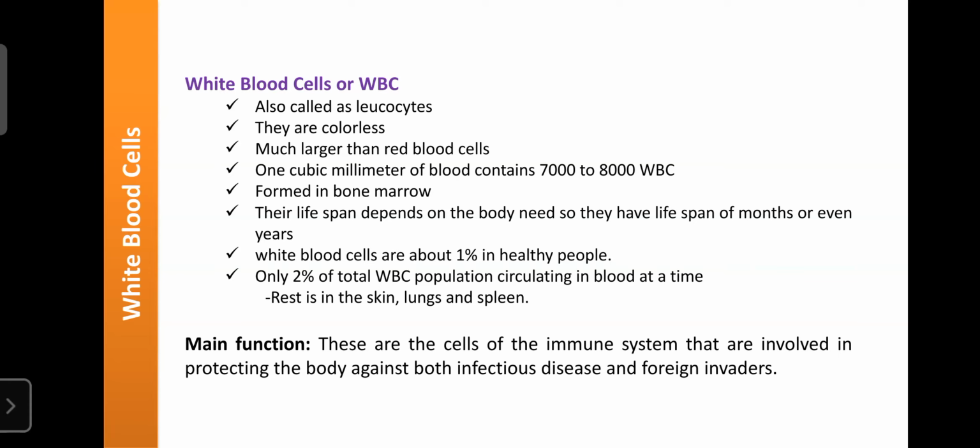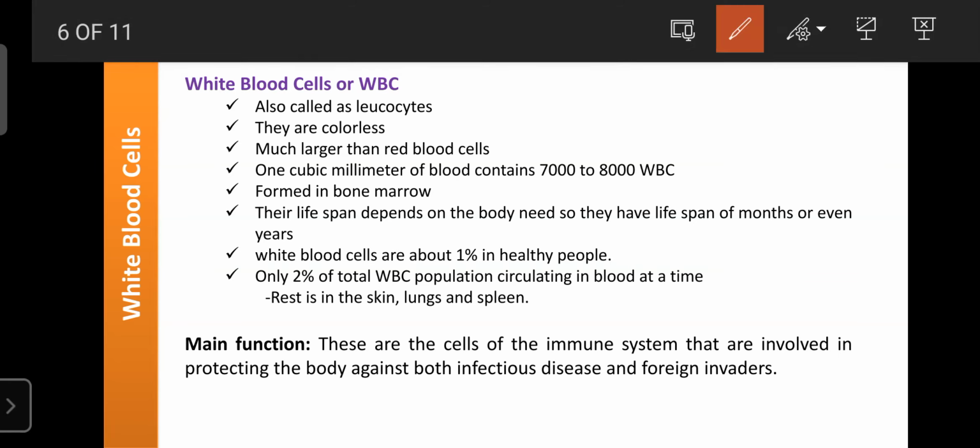Okay, the ratio is that if our blood has one WBC, then it will have 600 RBCs. But the size of the WBC is greater than the RBC. On average, blood consists of 7,000 to 8,000 WBC per cubic millimeter of blood.